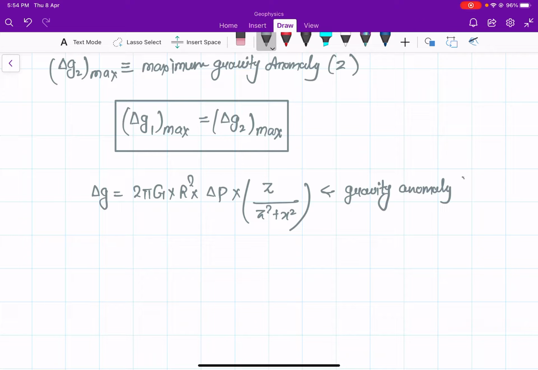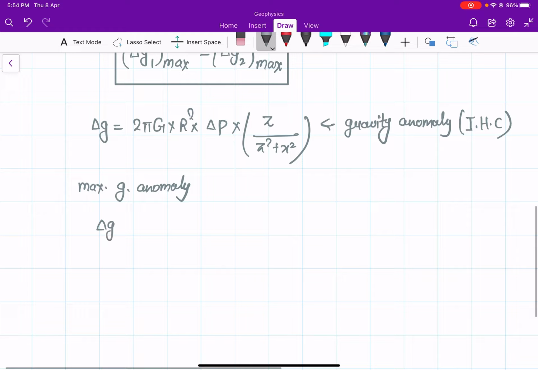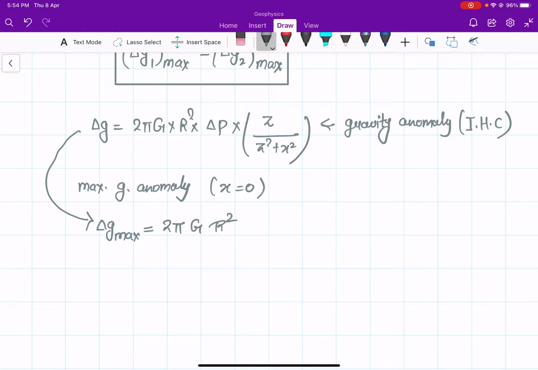The maximum gravity anomaly del g max is at x equals 0. Putting x equals 0, we get 2 pi G r square del rho into z over z square, which simplifies to 1 over z.